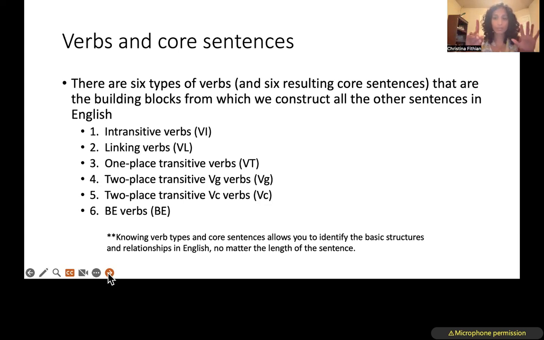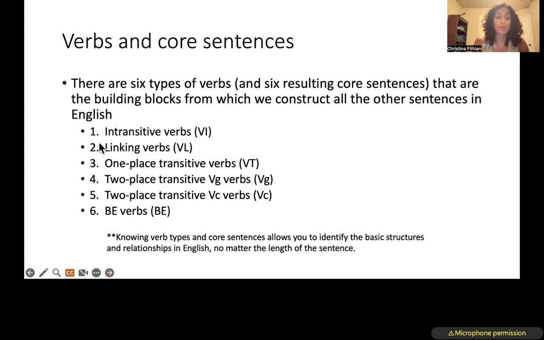So there are 6 types of verbs we're going to discuss. And the result of those 6 verbs is that there are going to be 6 kind of core sentences that we're going to be looking at. Now, we use these 6 core sentences to construct all the other sentences in English.